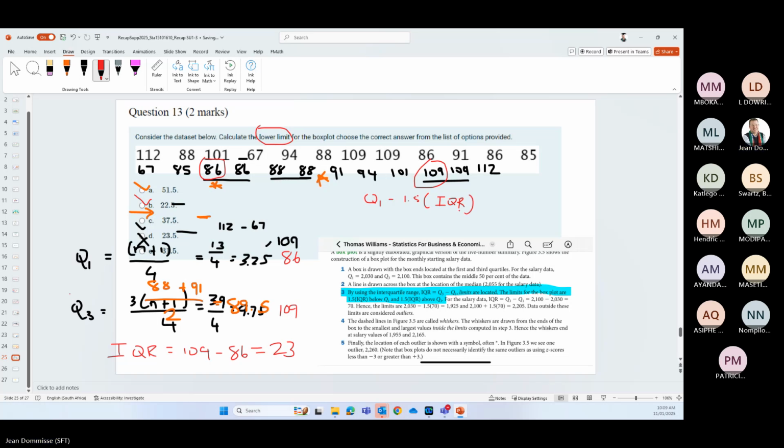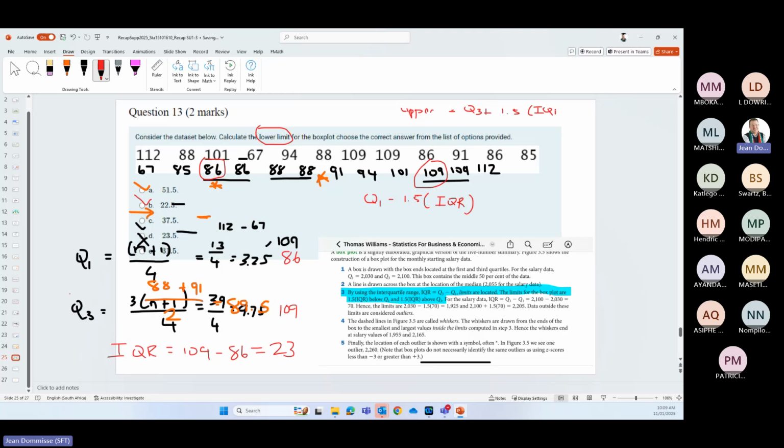Okay, so if you look at this, by using interquartile range, limits are located. The limits for the box plot are 1.5 interquartile range below Q1. So that's the lower limit. If you wanted the upper limit, because again they can ask, that is quarter three plus 1.5 interquartile range.